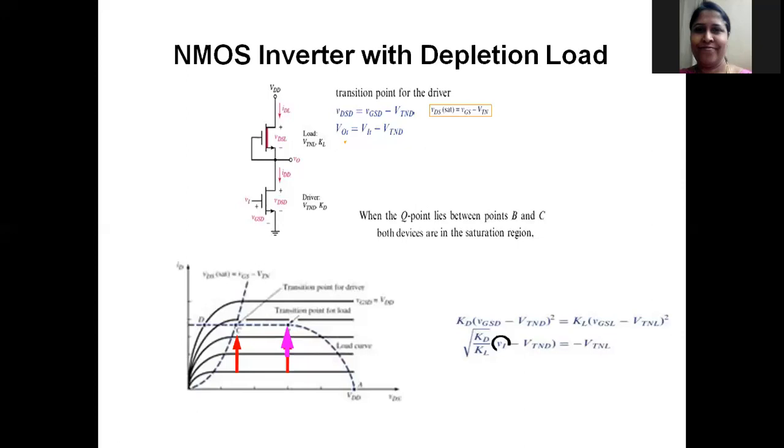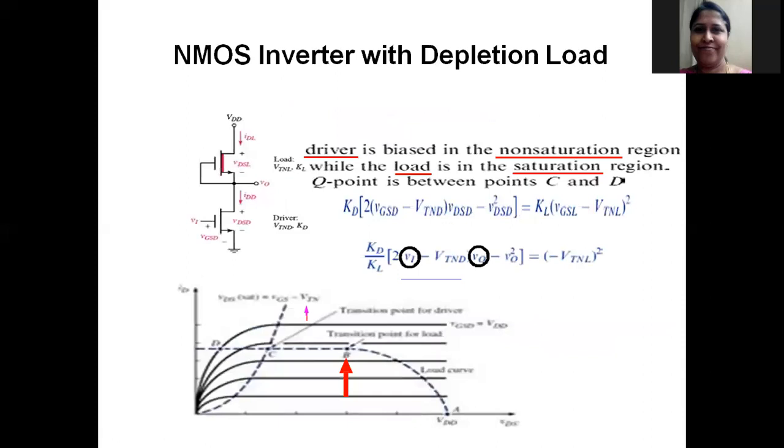This derivation you can do at home as an assignment. This analysis is done for the region between C and D. In between C and D, the depletion device is in the saturation region, and the enhancement device is in the non-saturation region. Equate the corresponding currents and find out the output.